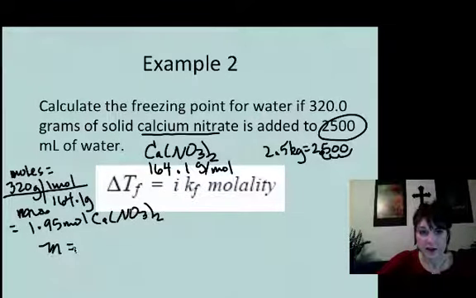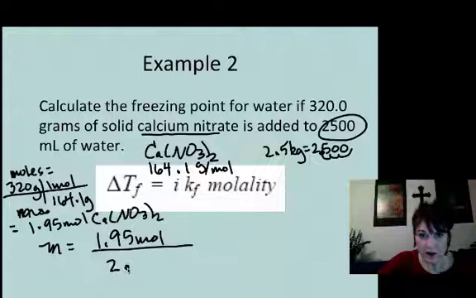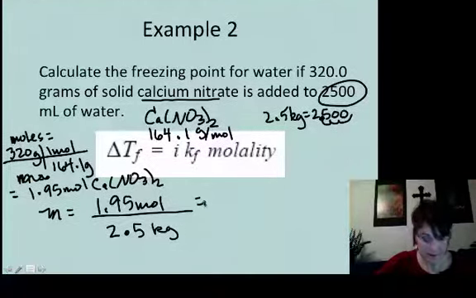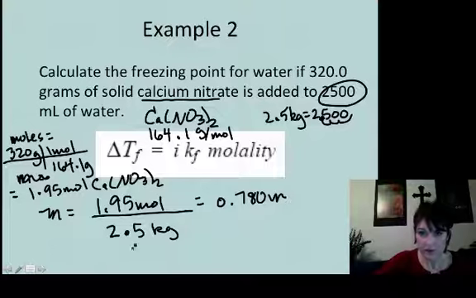Now I can go to molality. So 1.95 moles of my solute divided by the kilograms of solvent, 2.5 kilograms of solvent. That leaves me with a molality of 0.780 molal.